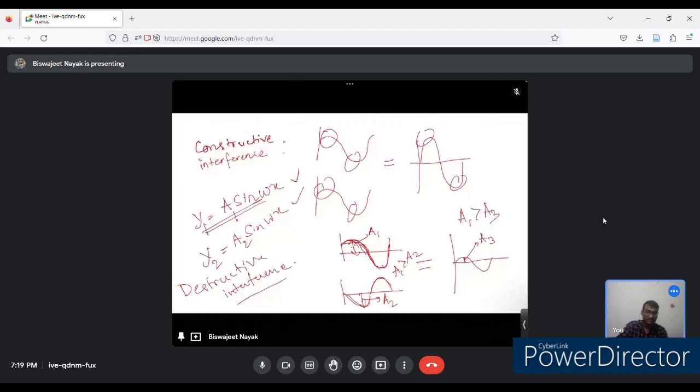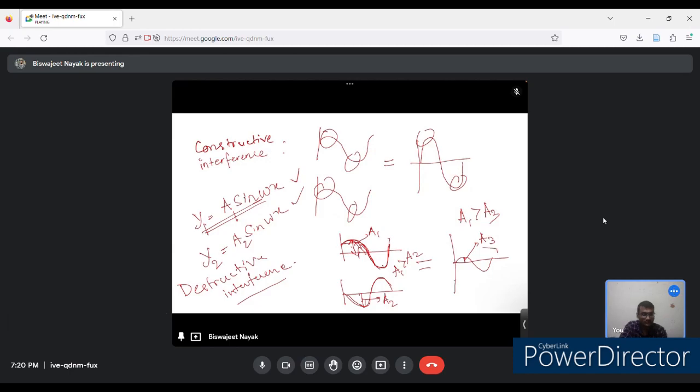If the amplitudes are the same and the phases are totally opposite, then they will negate each other. It will be zero totally, right? The two waves will cancel out. But if the amplitude of one wave is a little bit more than the other, then there will be some leftover in the resultant wave.